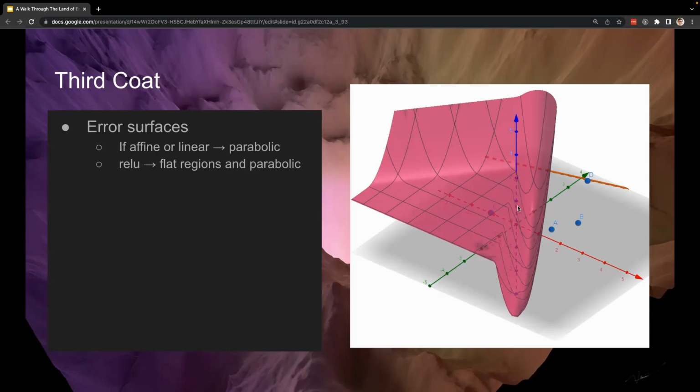So I'm not really sure how we get such complicated loss surfaces, but of course, more dimensions make it look more complicated when you project it downward. But I'm curious if the loss surfaces actually are just flat regions and parabolic regions. I don't know why it would be otherwise unless you use something other than a ReLU.